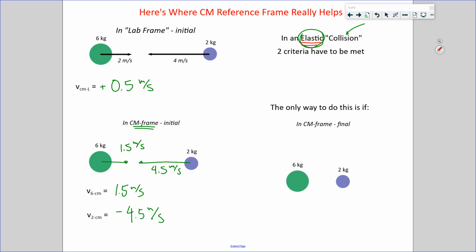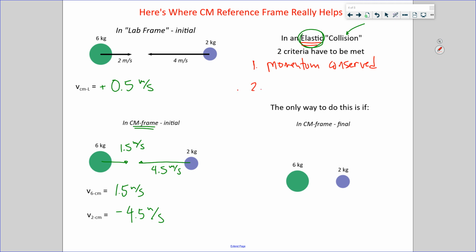You're going to see inelastic, which means a bunch of things, or completely inelastic, and that means hit and stick. Elastic means, well, the one big thing is that momentum is conserved. But that's the case for every single interaction.